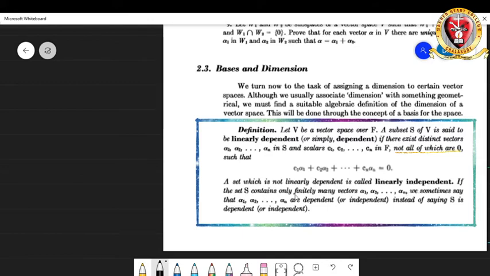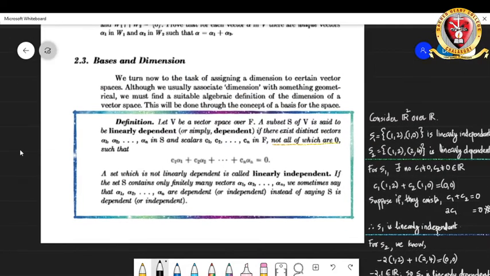If the set S contains only a finite number of vectors, we can say that those vectors are linearly dependent or linearly independent, rather than saying that the set is linearly dependent or independent.